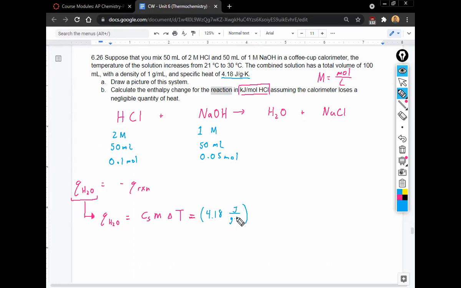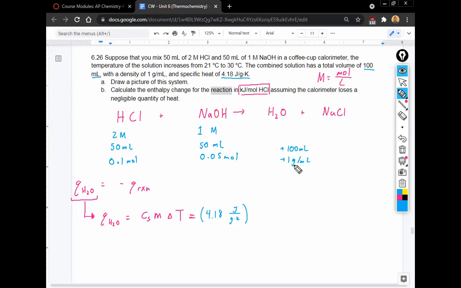Now let's look at the mass of the solution. Does it tell us directly what the mass of the solution is? It doesn't, right? We don't have any grams. However, we do have volume, which is 100 milliliters, and we also have the density, which is 1 gram per milliliter. If we have the volume and the density, we can figure out the grams.